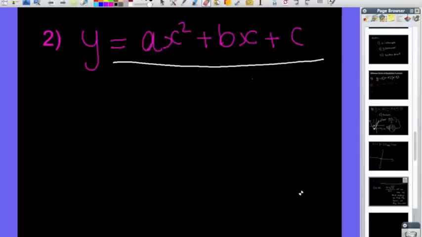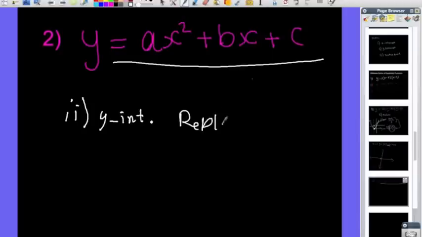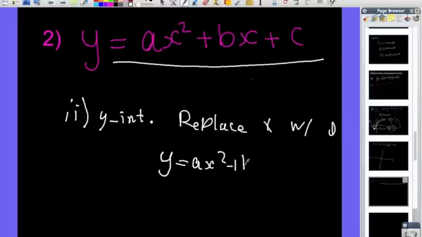Okay, and in order to find the y-intercept, which is the second thing you need to find, you again replace x with 0. So it would be y equals ax squared plus bx plus c, right?